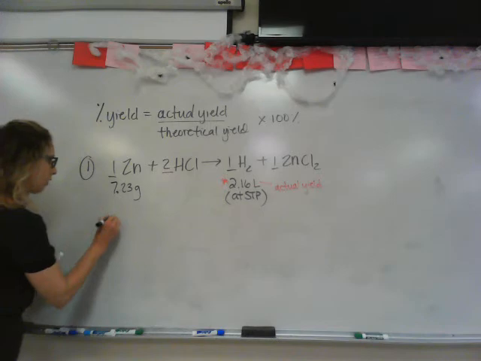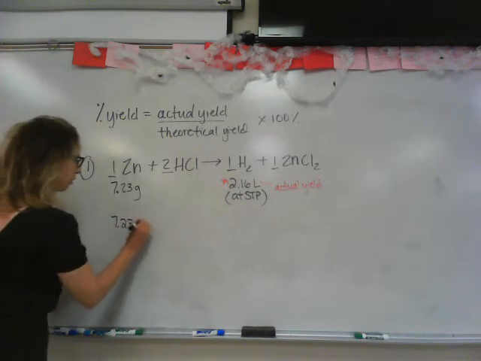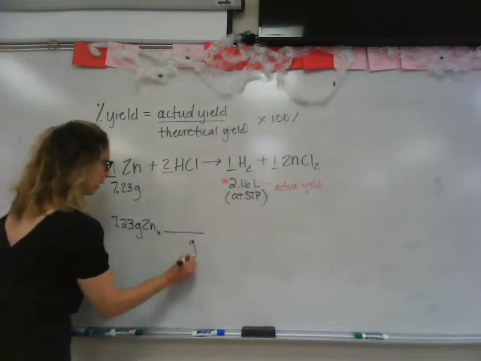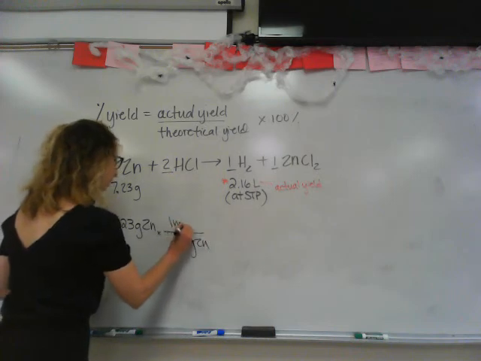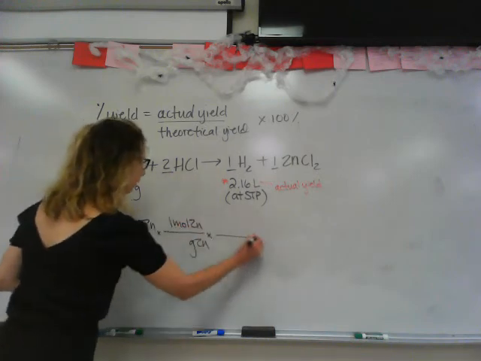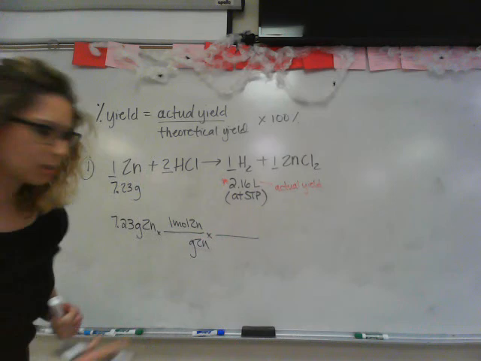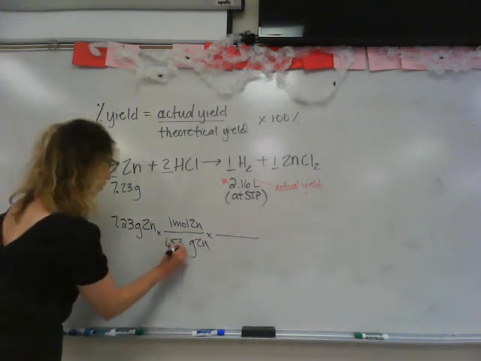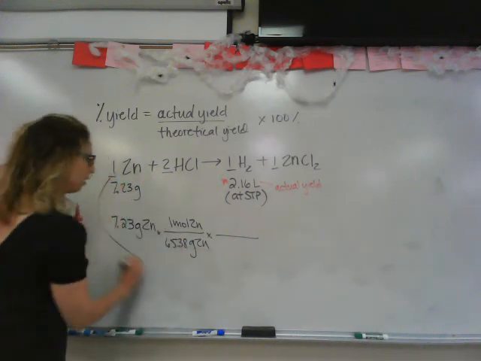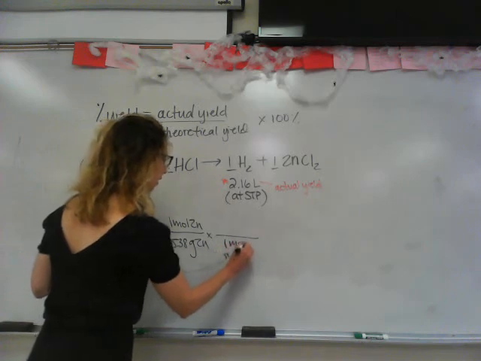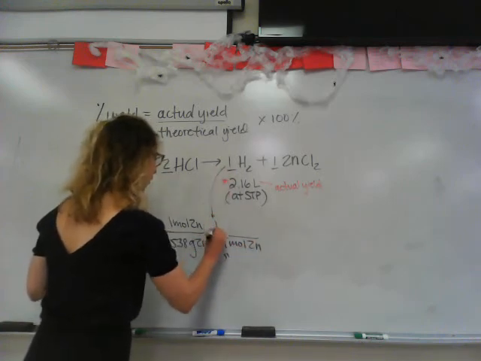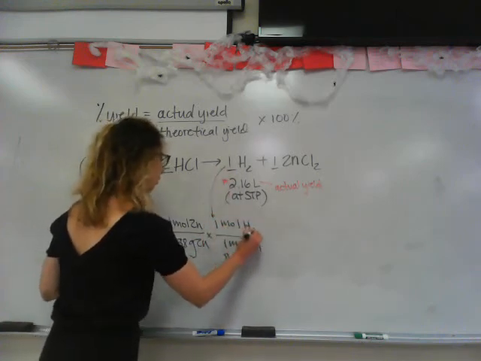So we're going to take 7.23 grams of zinc. We're going to divide that by the molar mass. Molar mass of zinc is 65.38. And then you have a 1 in front of zinc. And then you have a 1 in front of H2.